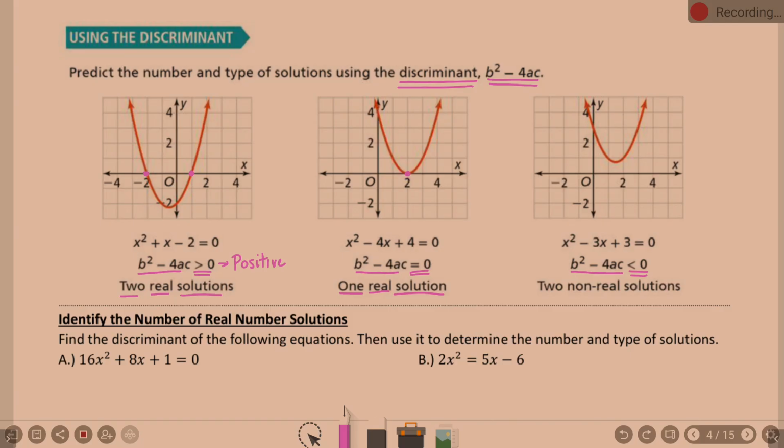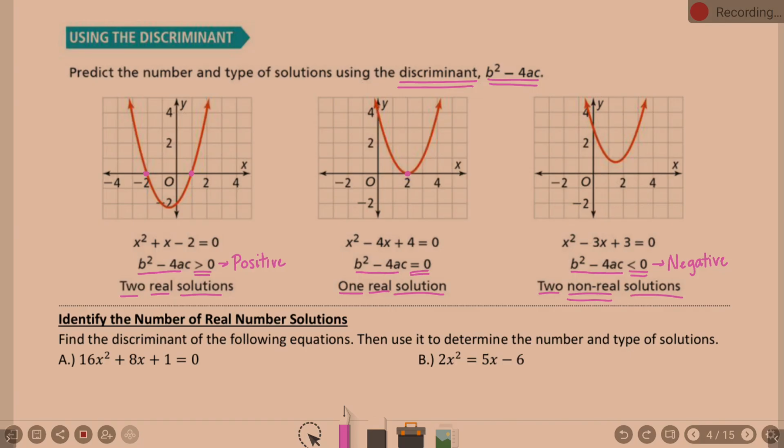And then we have the final option: if your discriminant b squared minus 4ac is less than 0. If something is less than 0, that's fancy speak for saying negative. So if your number under the square root becomes negative, we can still say there's going to be 2 solutions, but specifically they are non-real solutions.